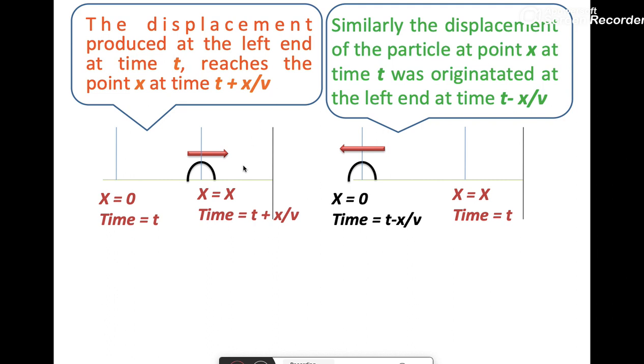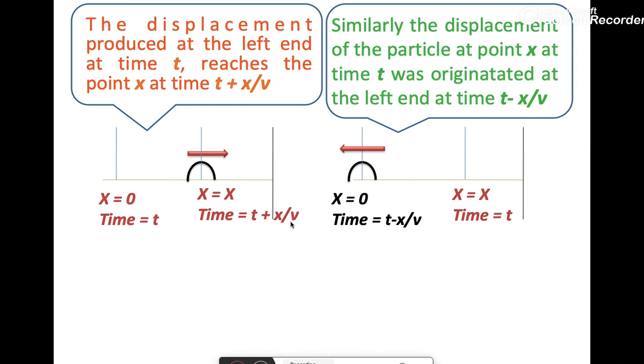That's why we can understand clearly that the displacement produced at the left end at time t, where x is equal to 0, moves with constant velocity v on the x-axis and reaches somewhere at point x at time t plus x upon v.